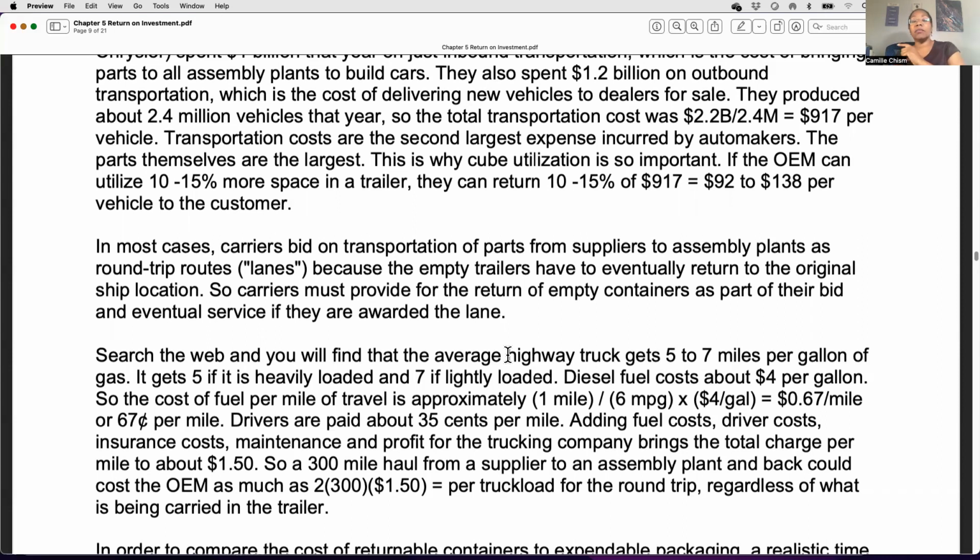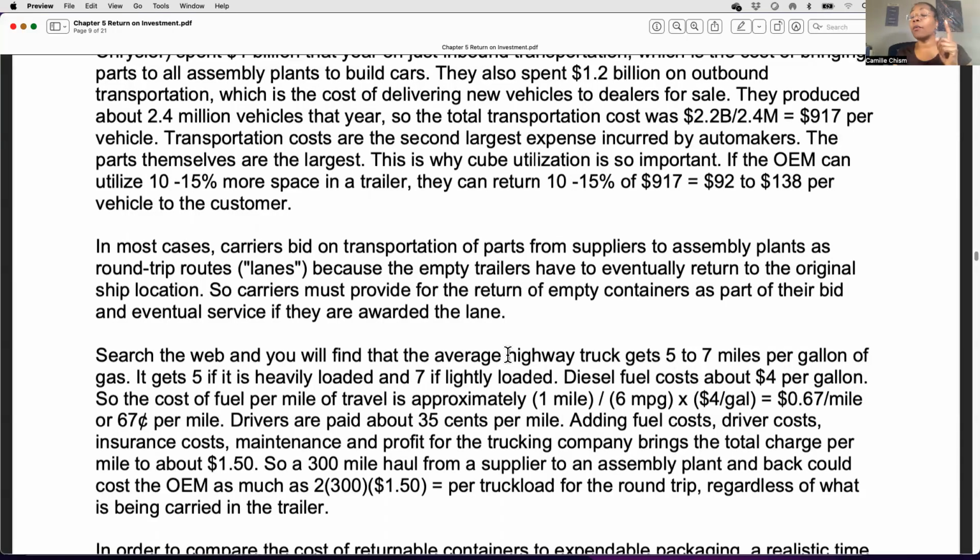And when they drop off the parts, they go back and pick up more parts. So you've got the same driver or group of drivers shuttling back and forth, whether it's right across the street or a few hundred miles away. They are basically going back and forth.